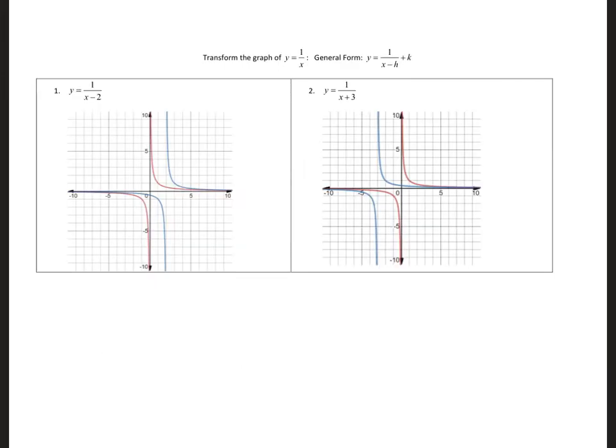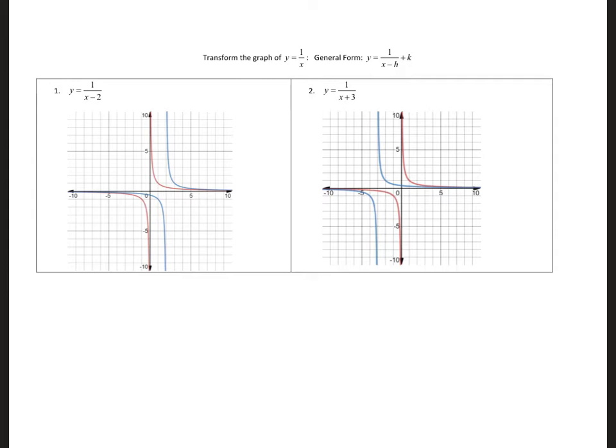Here, we're going to look at how to transform the function, and we're going to look at the effect of h. We're also going to find the vertical asymptote right here. First, see the original function, y equals 1 over x, in red, and then I'm going to draw the line which is being approached but never touched.